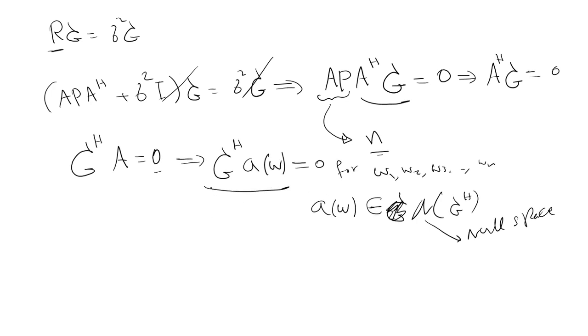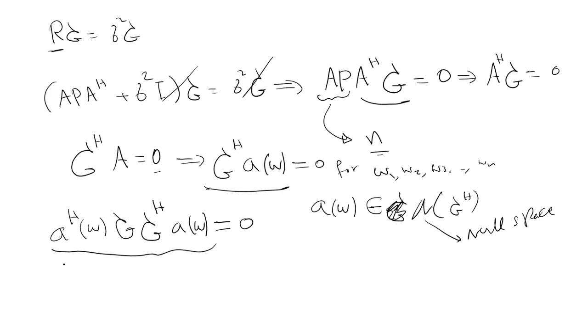I can make this a scalar by multiplying by the Hermitian of these. For example, A Hermitian of omega G multiplied by G Hermitian A of omega is still 0.